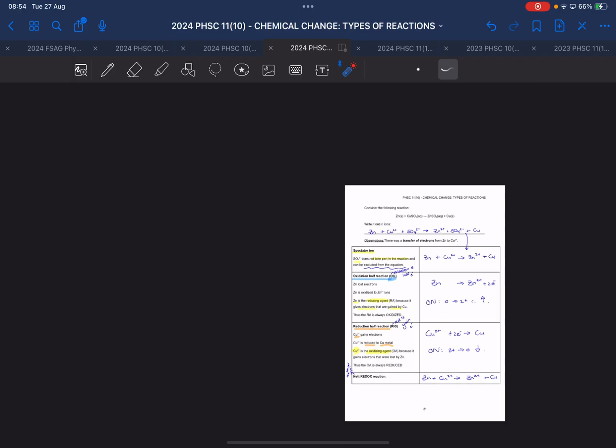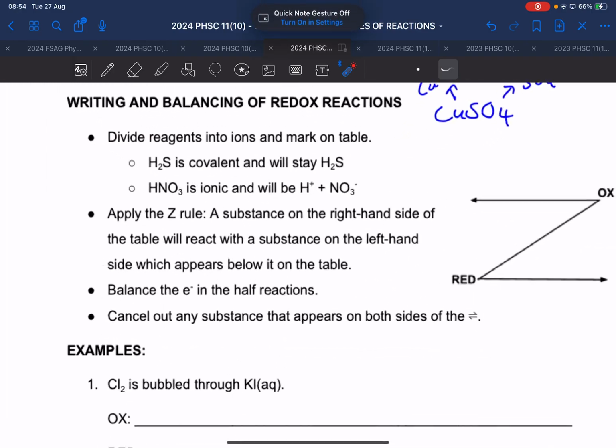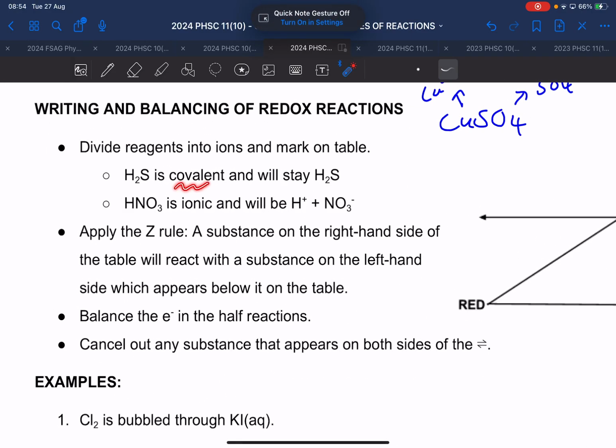But things that are covalently bonded, non-metal with a non-metal, stay as they are. You do not split those up. Things that are ionically bonded, you will split up. We will practice that.